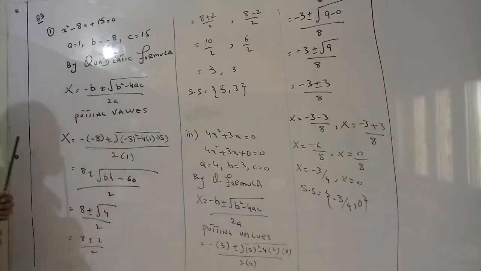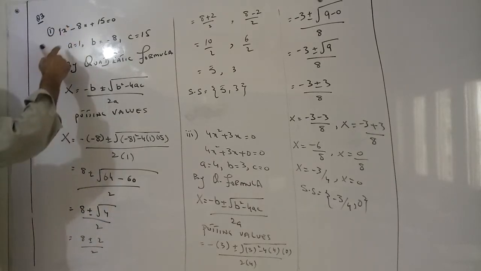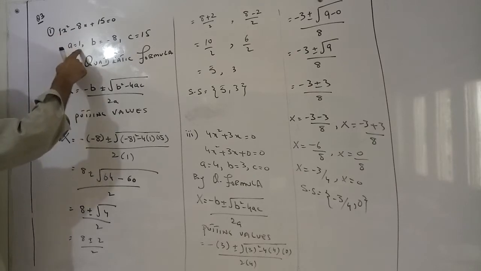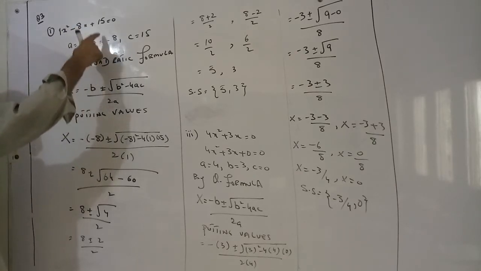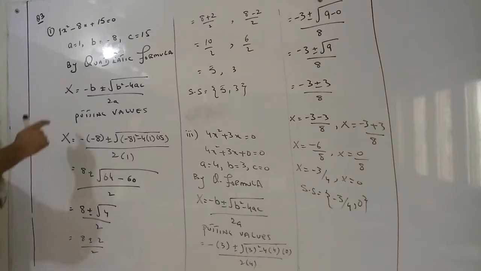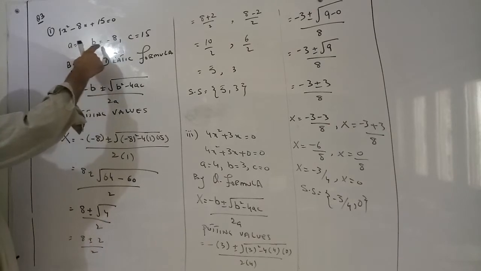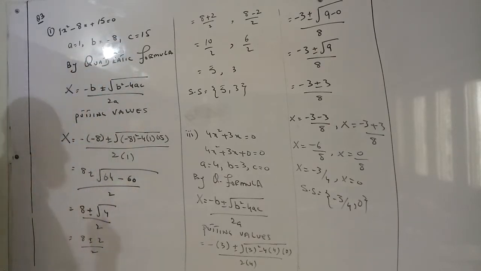The coefficient of x square is the value of a; in this case it is 1. The coefficient of x is the value of b, and the constant term is the value of c. Now we have found the values of a, b, and c. Now put them in the quadratic formula.